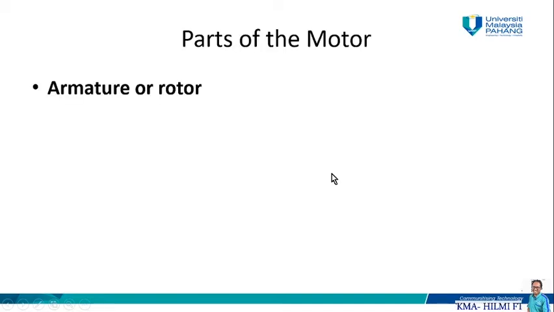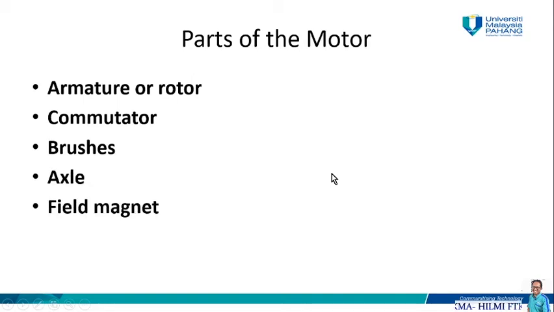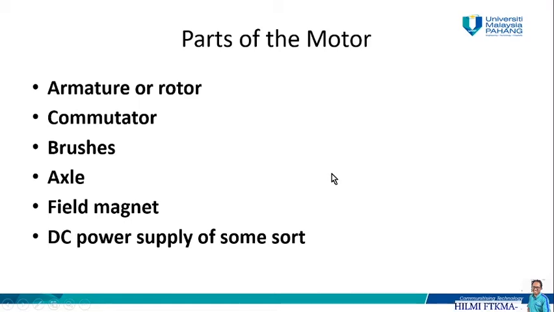So let's take a look at the parts of the motor. We have the armature or the rotor, the commutator, the brushes, the axle and the field magnet. And of course, we also need a DC power supply or some sort of power supply.